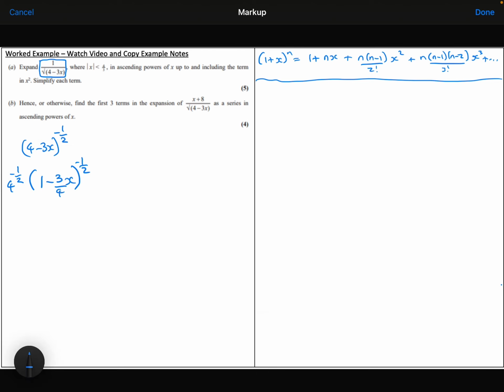First of all, the 4 to the power of minus 1/2 on the outside: well, 4 to the power 1/2 is 2, so 4 to the power of minus 1/2 is 1/2.